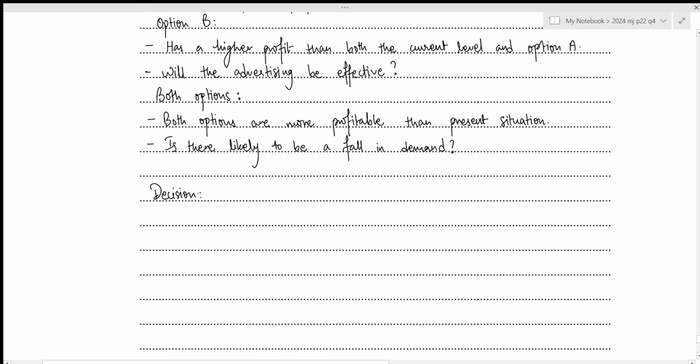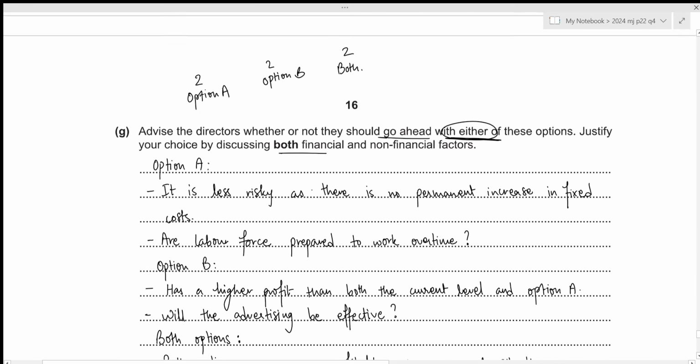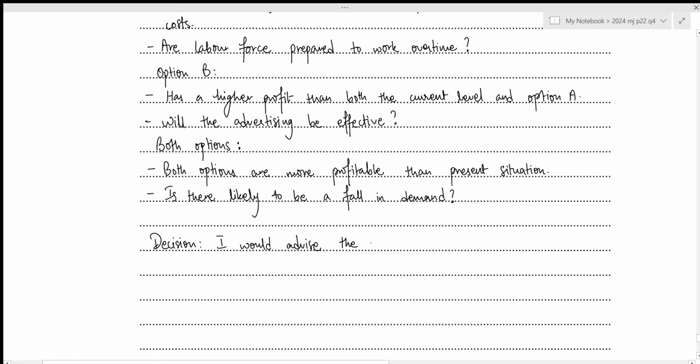So the decision is, I would advise the directors to go ahead with option B as it has a higher number of units along with a higher profit.